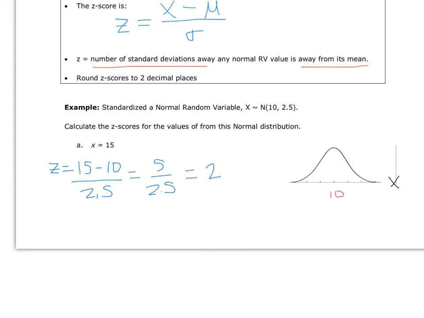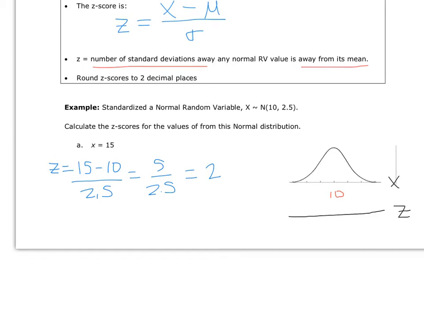Okay, so now remembering that the z-score is the number of standard deviations away from the mean, let's take another look at that density curve, and let's think about what it means to have standardized this value. Let's look at another horizontal axis with that same density curve above it.